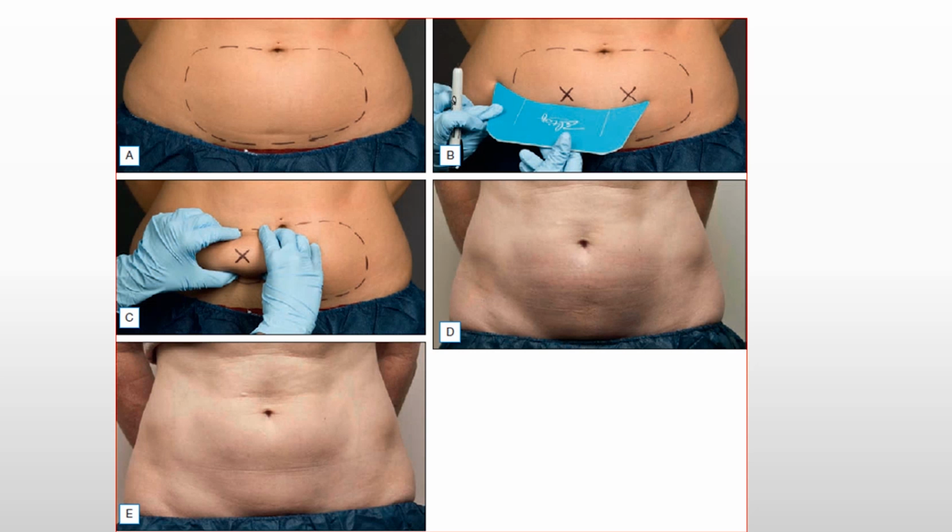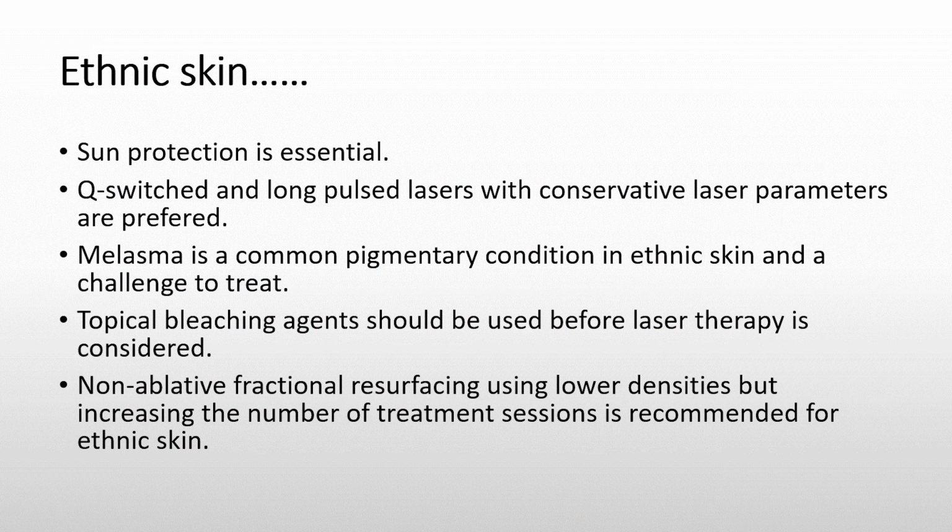Moving on to ethnic skin and lasers. Sun protection is essential, and Q-switched and long-pulse lasers with conservative laser parameters are preferred. Melasma is always a treatment challenge, and topical bleaching agents should be tried before laser therapy is considered.